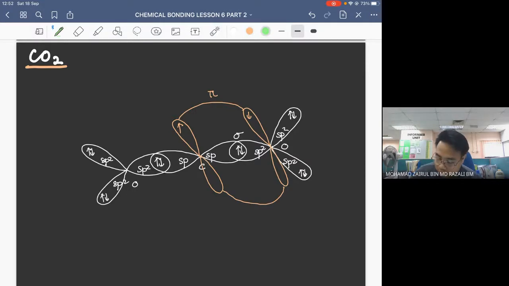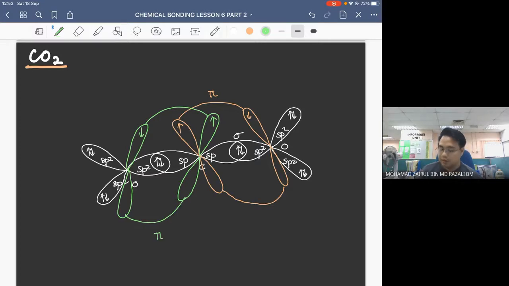Okay, lagi satu pi bond adalah antara karbon dengan oksigen yang dekat belah kiri. Okay, so ini kita ada lagi satu pi bond. Okay, dan pi bond dia mesti parallel. Okay, so this is the orbital overlapping diagram for CO2.